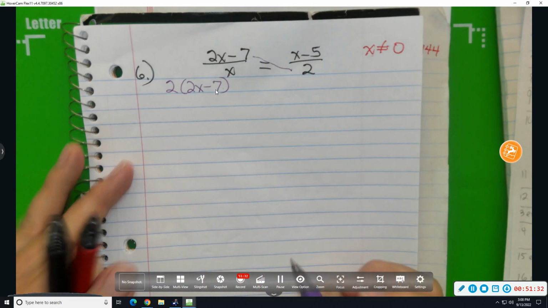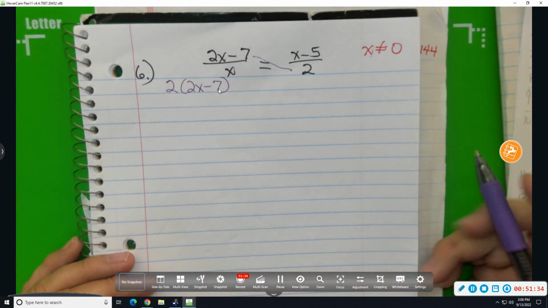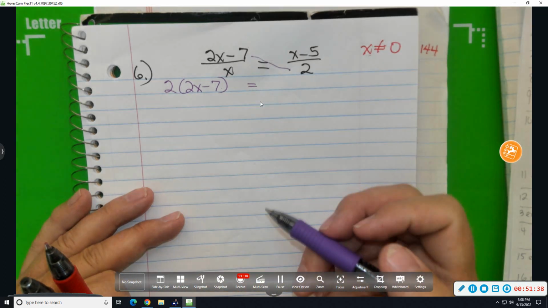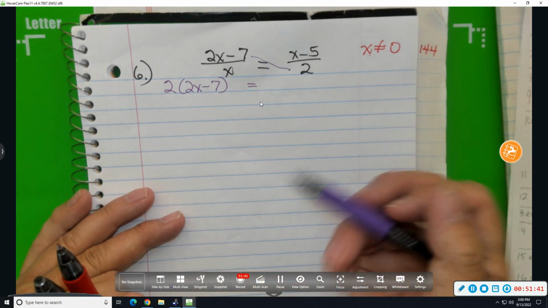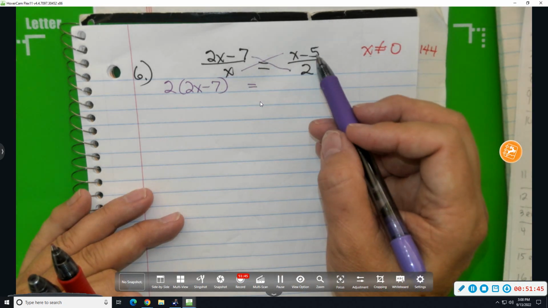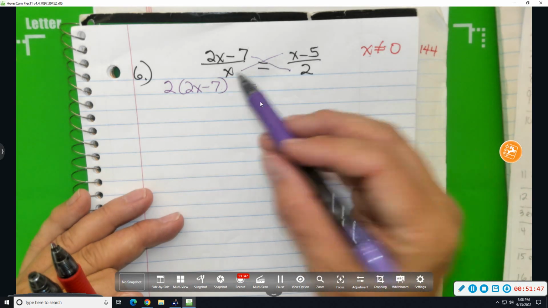I'm going to put that 2 in front of it because that's generally how we write it. If there's a monomial, just a single term factor, that usually goes in front. And then I'm going to multiply here. So I'll have x minus 5 being multiplied by x.